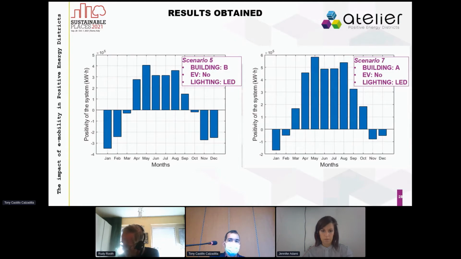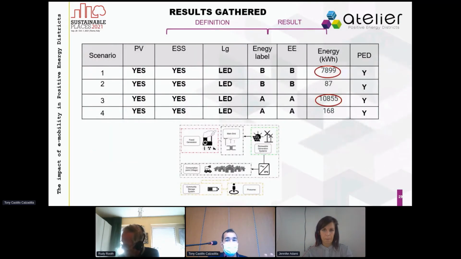Why? Because in the other two, we don't have exactly the number of vehicles that we can attend. Meanwhile, in 5 and 7, in this case 1 and 3, we can. So you can see here that we have more surplus, due to this building having a better performance than that one.